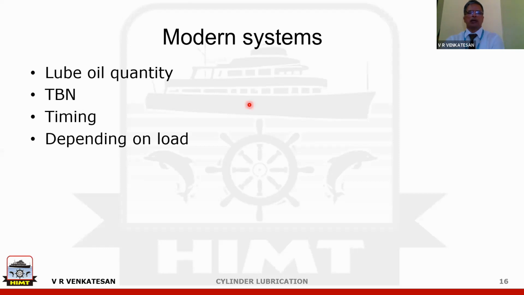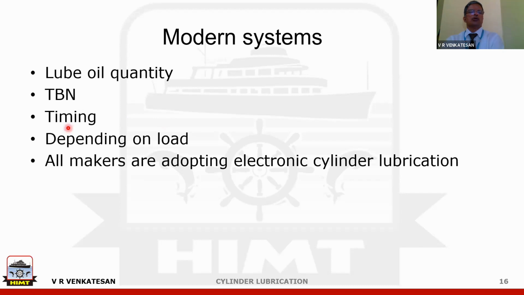So with the sulfur cap, this variation has come down. But there are vessels which are fitted with scrubbers which will still operate with the high sulfur fuel also. So this issue will still be there. And the timing of the injection, at what point the lube oil should be injected. And then how to control according to load.